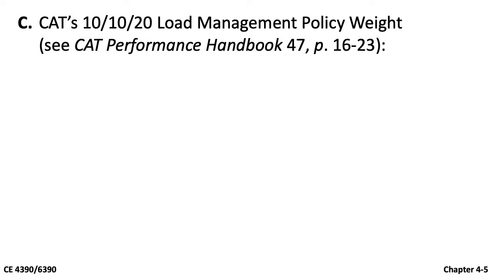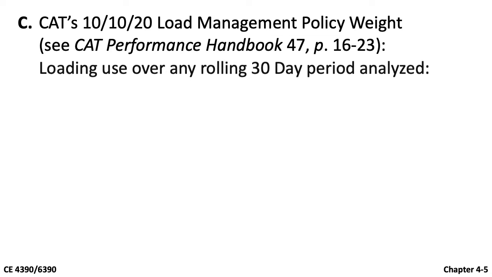To extend the life of the equipment and to avoid any accidents, many manufacturers, including Caterpillar, provide a load management policy that gives you some guidelines on how to load the equipment safely. You can see the details in the Caterpillar Performance Handbook 47 on page 1623.